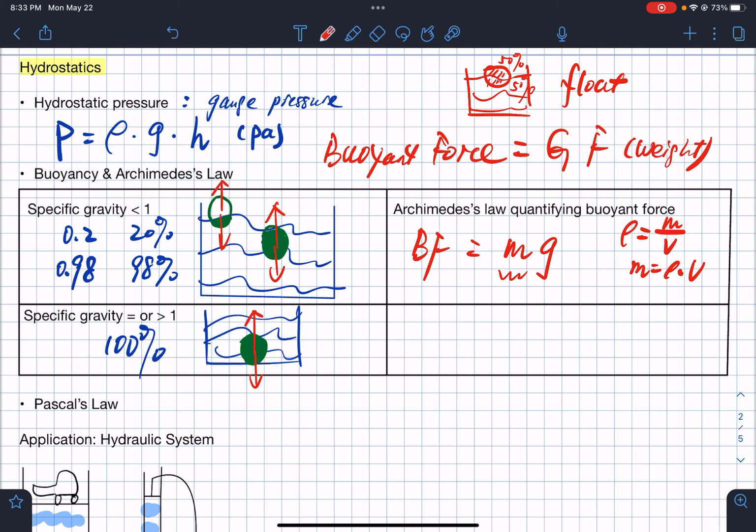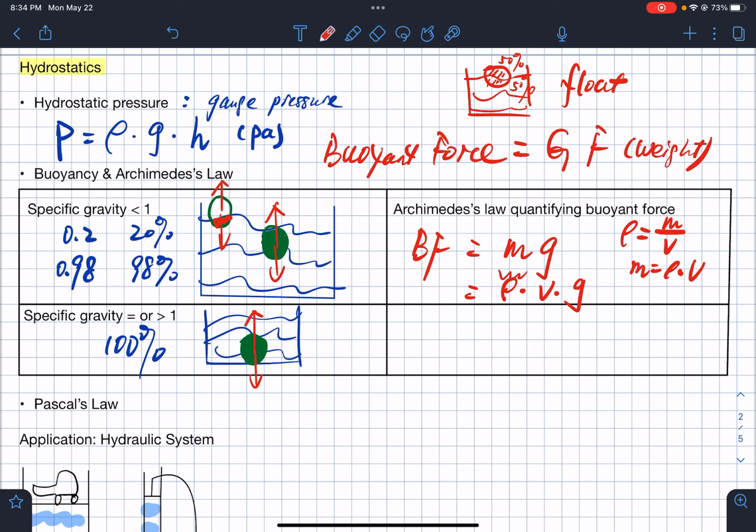So the buoyant force can be expressed as the density of the liquid, in our case water, times the volume of water displaced, which is how much of the ball is submerged in water, times 10, the gravitational acceleration. That's how Archimedes figured out how to quantify the buoyant force.